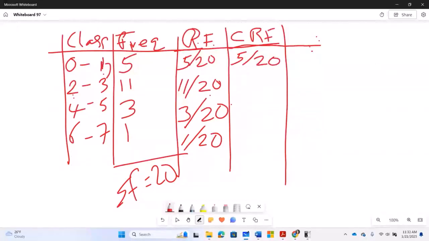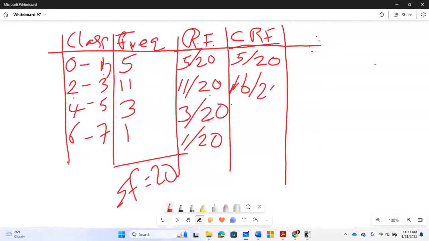For the second class, the cumulative relative frequency will be the relative frequency of this class plus the relative frequency of the class above. Okay, that's going to give me 11/20 plus 5/20. That is 16. Is it 16? Yeah, 16 out of 20.